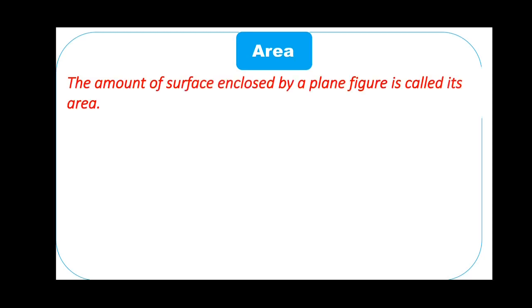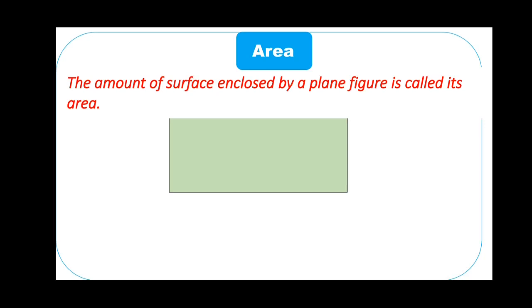The amount of surface enclosed by a plane figure is called its area. Now here you can see a plane figure which has rectangular shape. The amount of surface enclosed in the plane figure is shown in light green color.